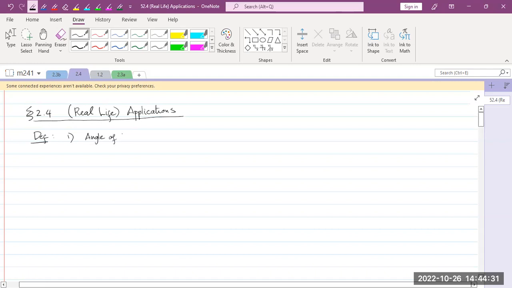Angle of elevation is the angle measured from horizontal going up.